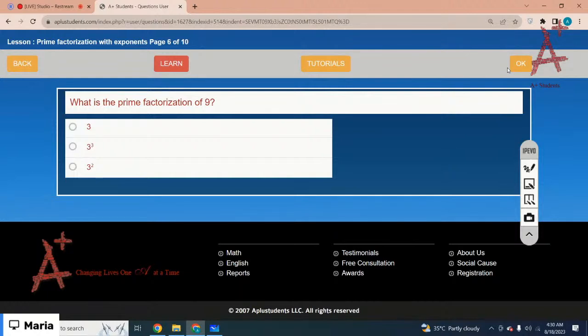That would be 3 square, right? You can write it as 3 square.